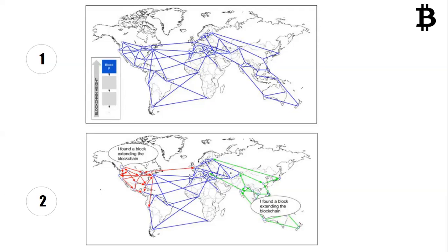Now imagine a scenario where a node in the US solved the puzzle and found a block extending the blockchain. That means the node solved the puzzle, signed it and started broadcasting. As and when every node validates the block and verifies that it matches the hash puzzle, it will add it to its local copy and broadcast. Each node will do the same process and so on.